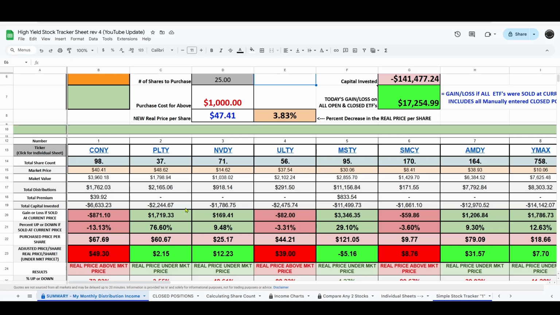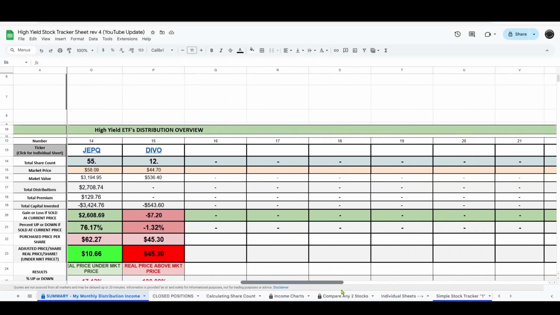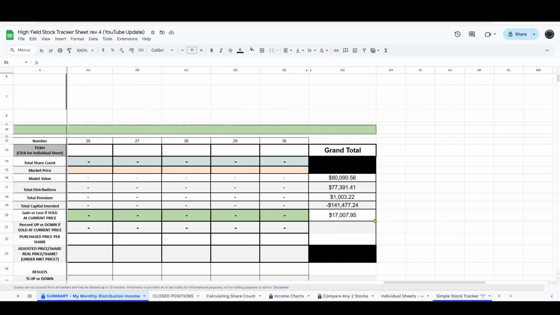Because the other ones that I am up on, it's 76, 9, 29, 9, 12, and so forth. So if I were to sell out of all of these positions, you can slide right over here to the very end, and it will show that closing out all of the open positions, I would earn $17,007.